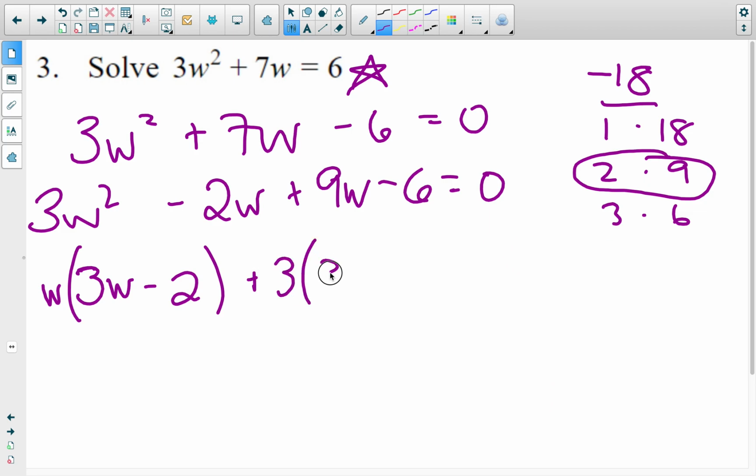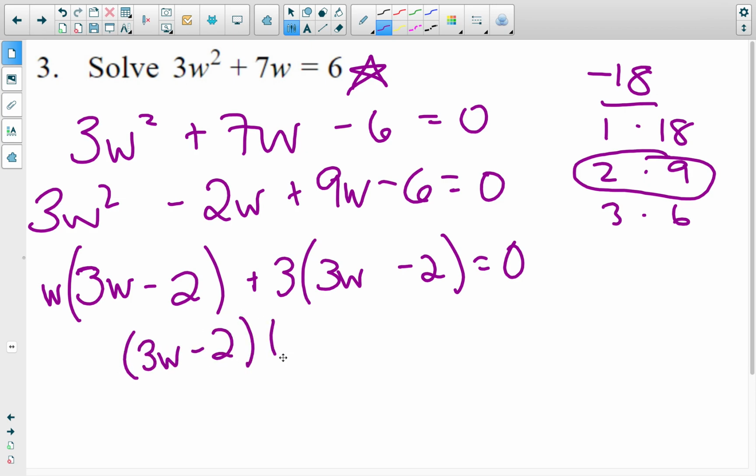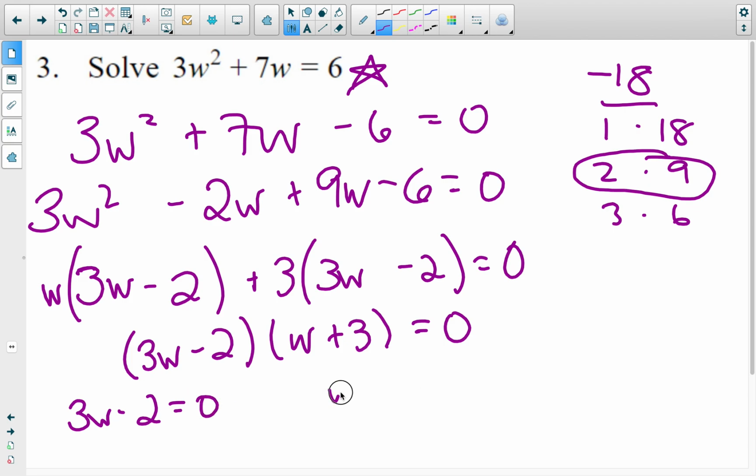Plus 3 times 3w minus 2 equals 0. Factor by grouping. 3w minus 2 times w plus 3 equals 0. And then now we're going to set each factor equal to 0. 3w minus 2 equals 0. W plus 3 equals 0, meaning that w would equal 2/3. W would equal -3.